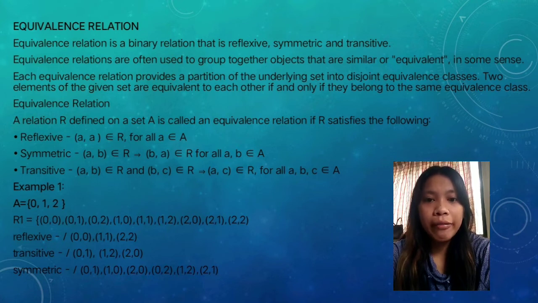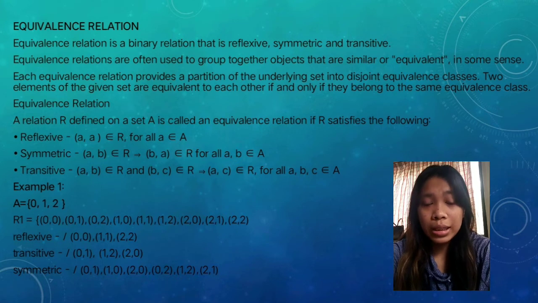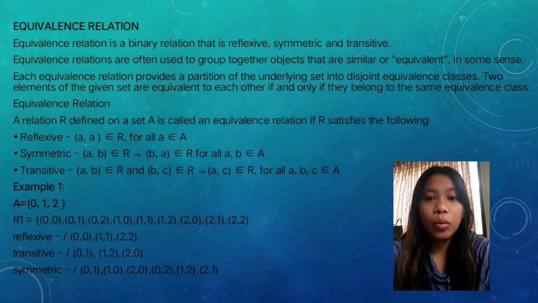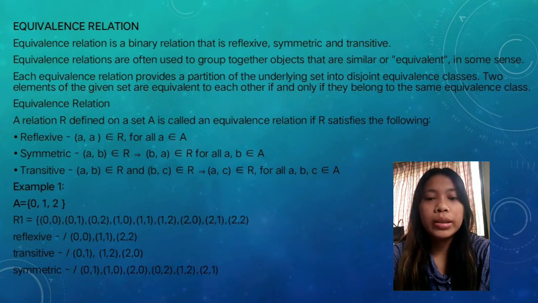R1 is reflexive because it has ordered pairs (0,0), (1,1), (2,2). It is also transitive because it has (0,1), (1,2), (2,0), and it is also symmetric because it has the set of ordered pairs (0,1), (1,0), (2,0), (0,2), (1,2), and (2,1).